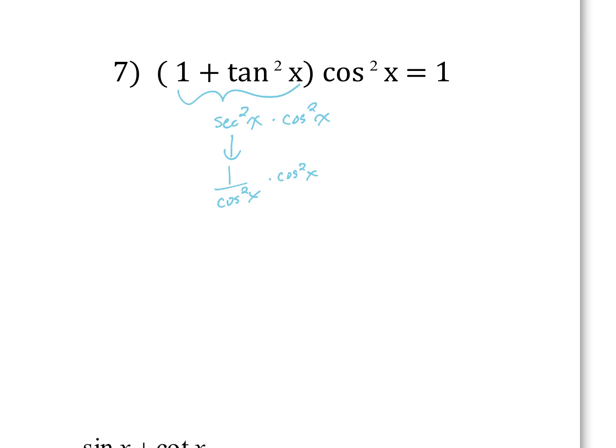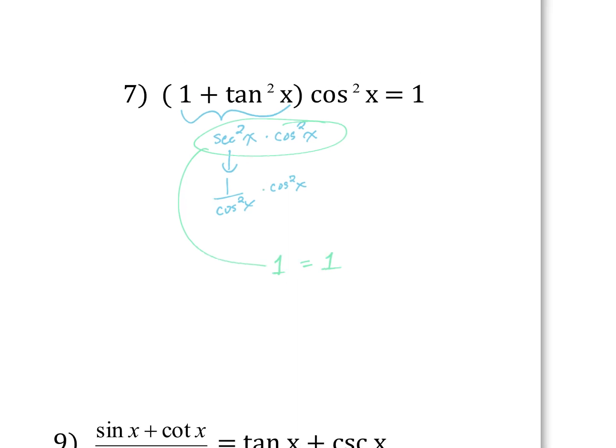You need to if you need to see that. But if you can go straight from this step to realizing that that's equal to 1, I'm okay with that too, okay? Those are reciprocals. When we multiply reciprocals together, we get 1, okay? This guy's over there going, yep, okay.